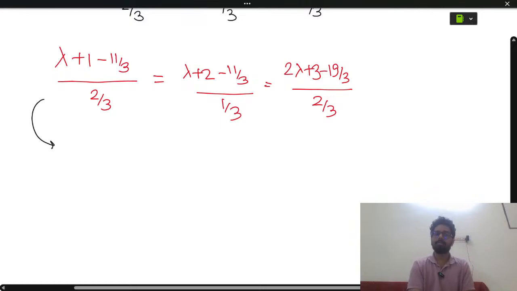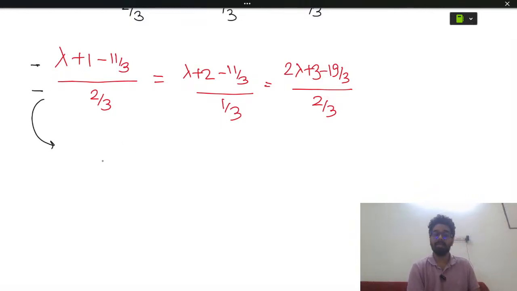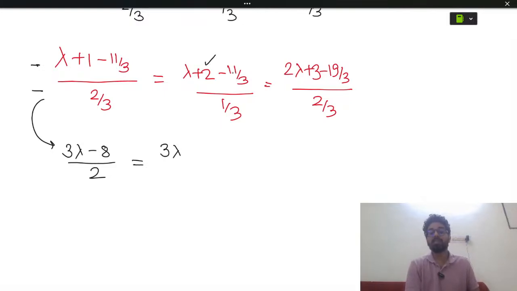Now I will simplify this. I will multiply the numerator and denominator by 3 to make the calculation simple. So 3 lambda, 1 into 3 is 3, 3 minus 11 is minus 8. I am directly writing the calculation part. Multiply 3 in the numerator and denominator: 3 lambda plus 3 into 2 is 6, 6 minus 11 by 3 into 3 is 11, so 6 minus 11 is minus 5.